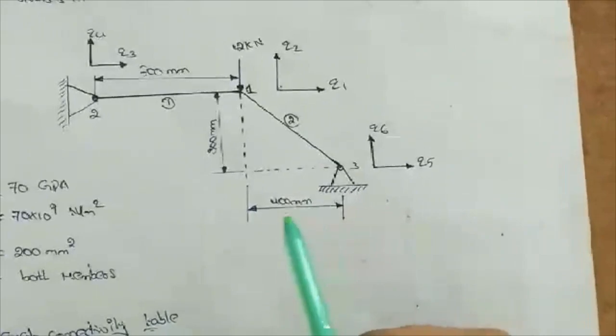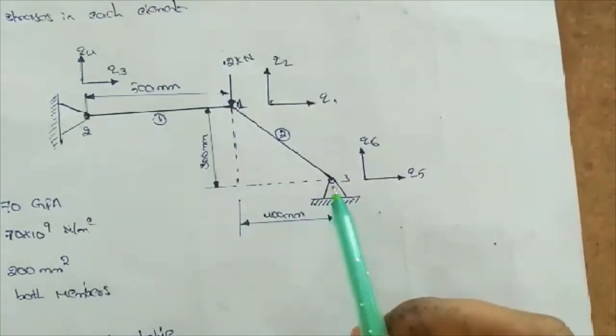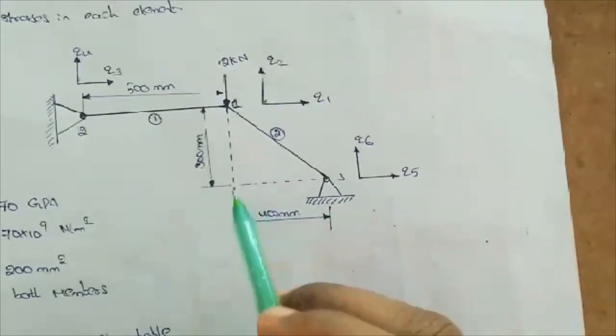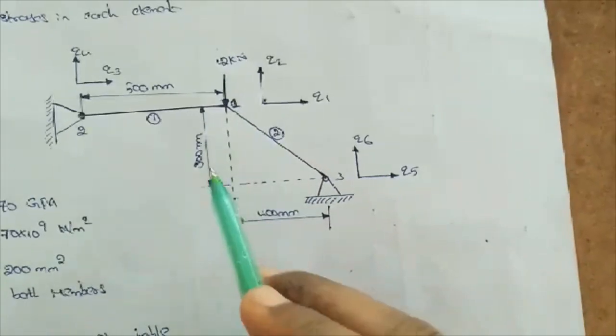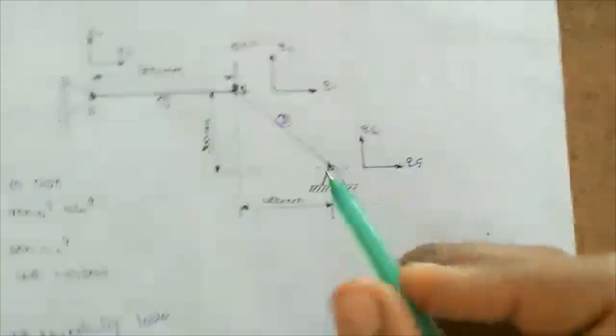Here the horizontal distance from node 1 to node 3 is 400 mm and the vertical distance is 300 mm. This is a right angle triangle. From this triangle you find out the length of the second element.